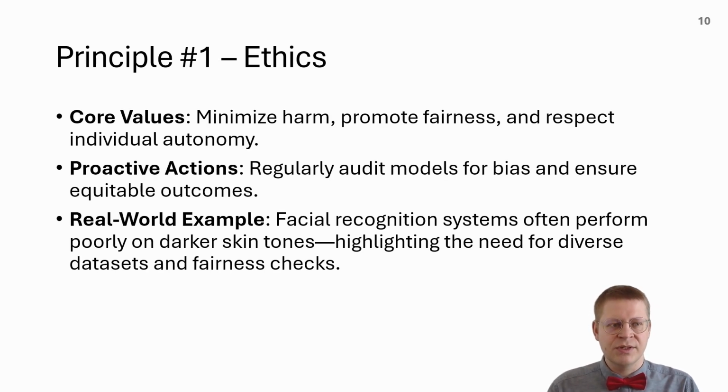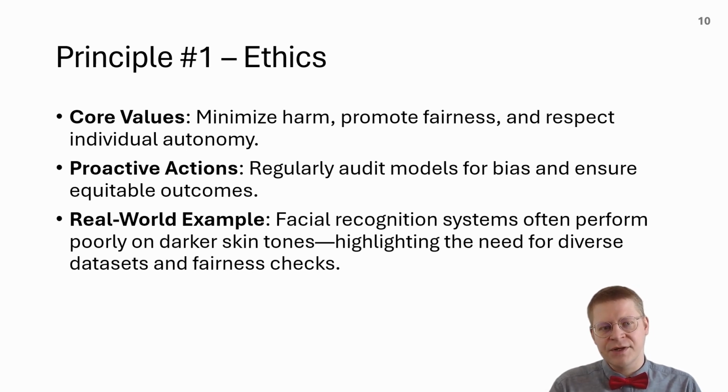In responsible machine learning, ethics means minimizing harm, ensuring fairness, and respecting people's autonomy. It's not just about building efficient models, it's about creating systems that treat everyone equitably. One key action here is regularly auditing our models for bias.